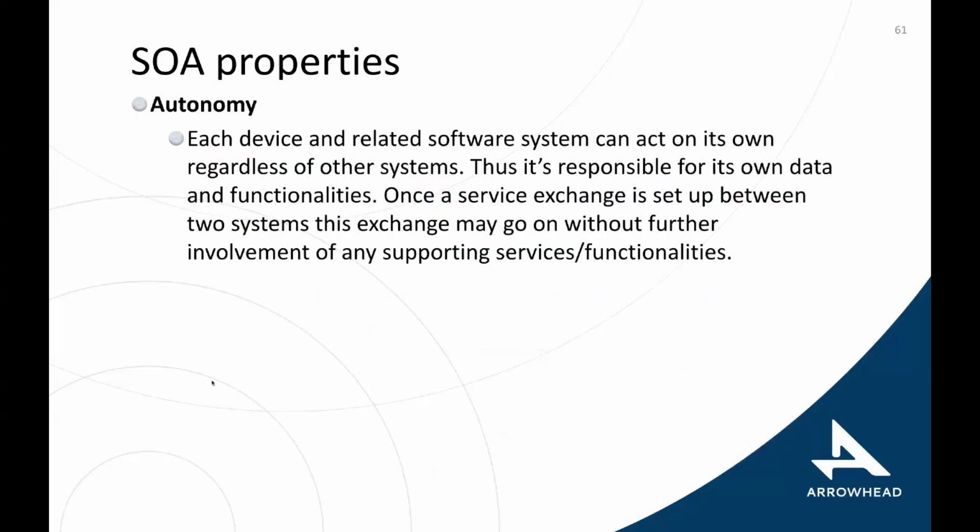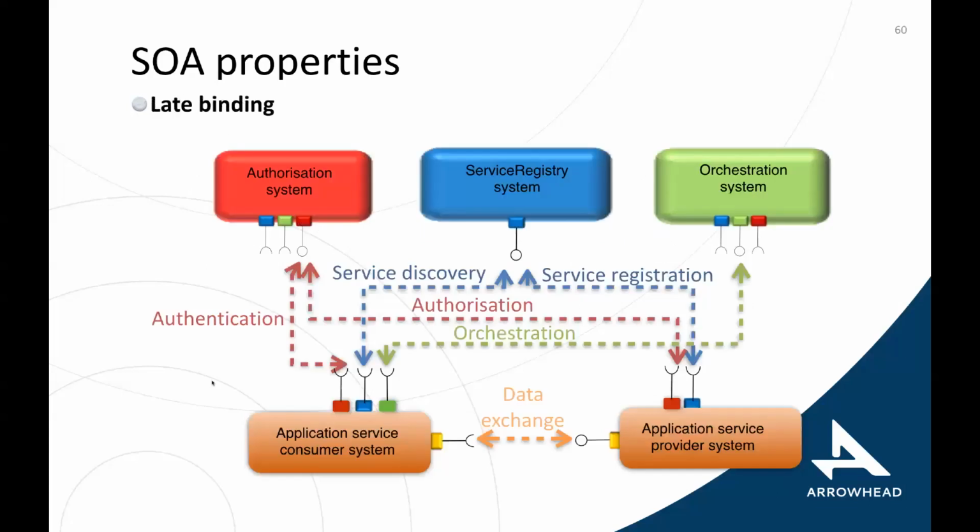So we are then creating what's called autonomy, which means that in the previous picture, once the blue, the green, and the red system has been consulted, the two application systems can run basically in isolation on their own. They don't need the others.